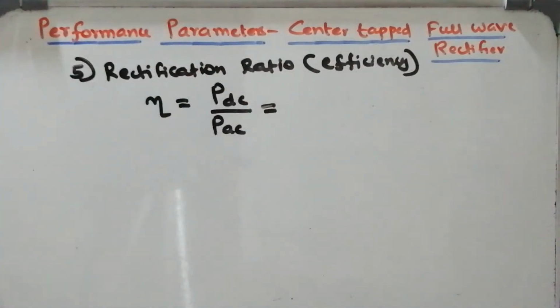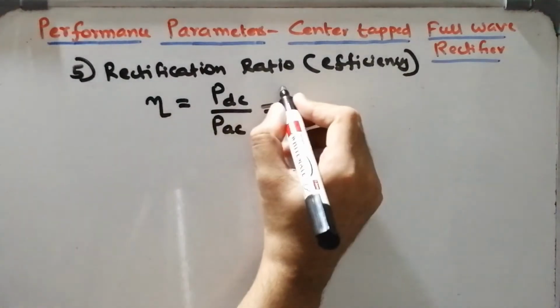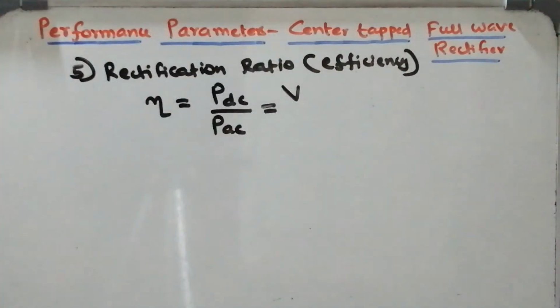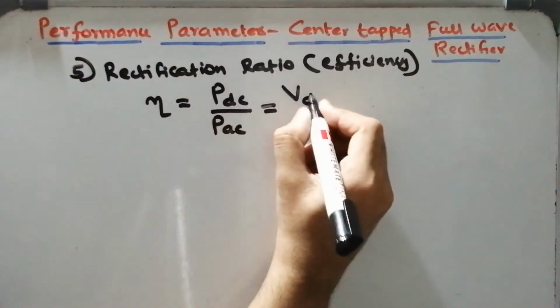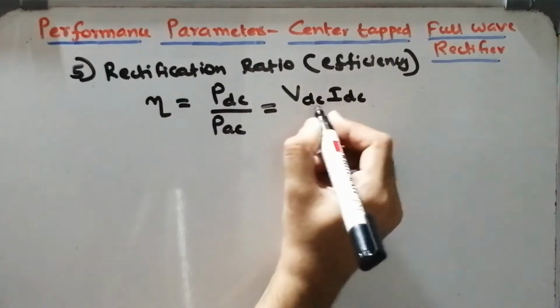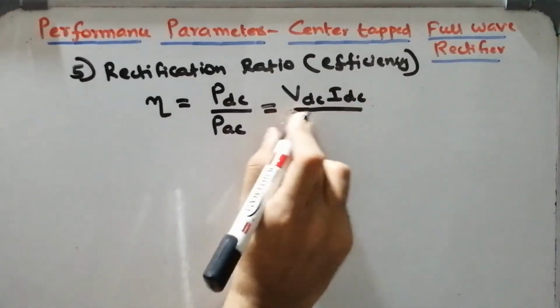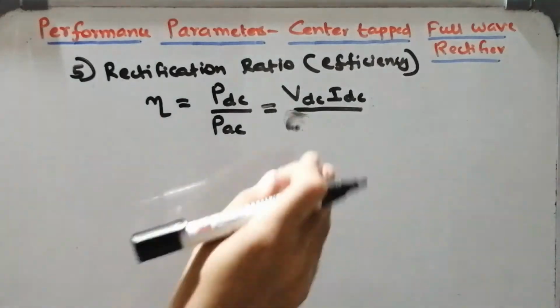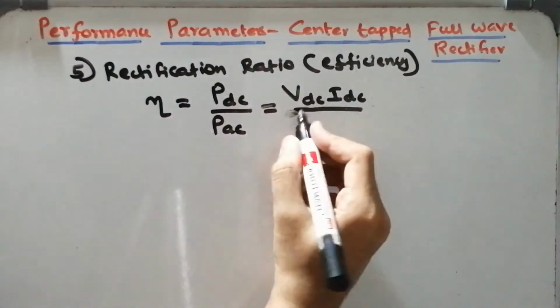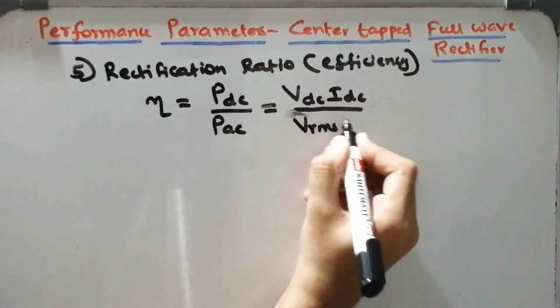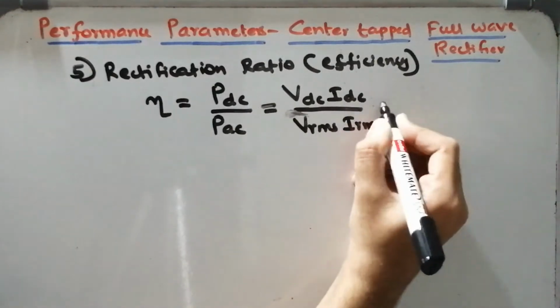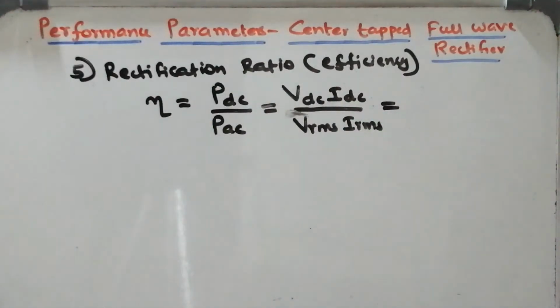Sorry, PDC is nothing but VDC into IDC, where PAC means VRMS into IRMS. Just now we computed the values of VDC, IDC, VRMS and IRMS.